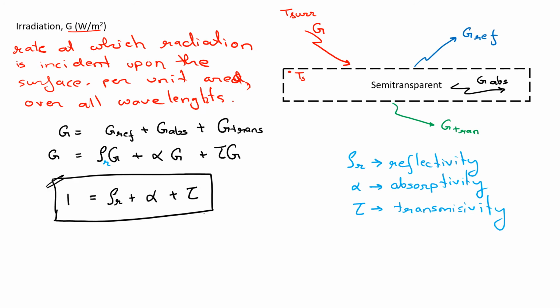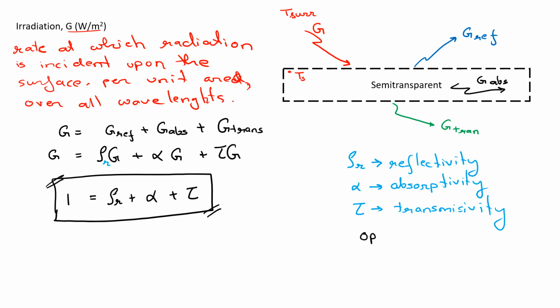This is a very important equation to remember when you're dealing with radiation, because in most cases you will be given an absorptivity, and then it will be mentioned that your medium is opaque, which means that your transmissivity is 0. So that's another thing to keep in mind.